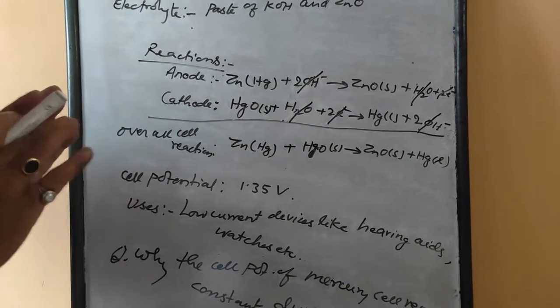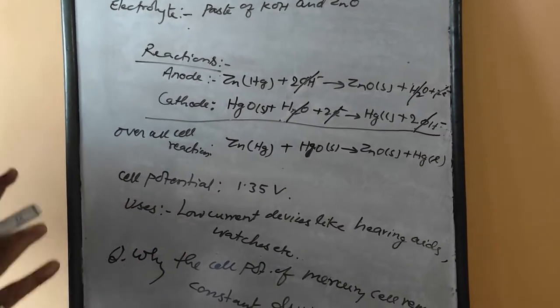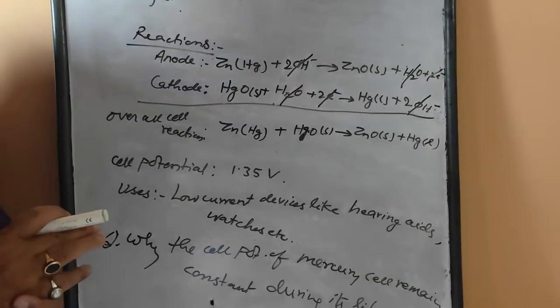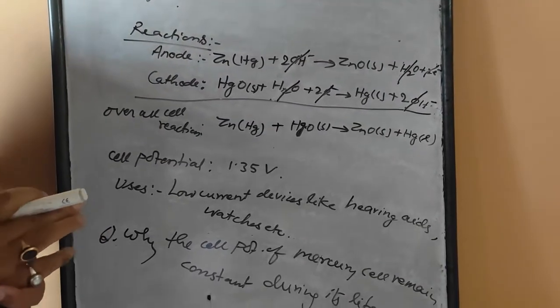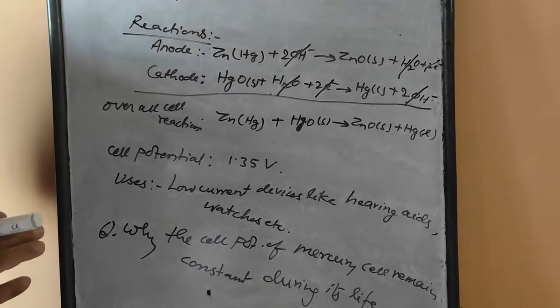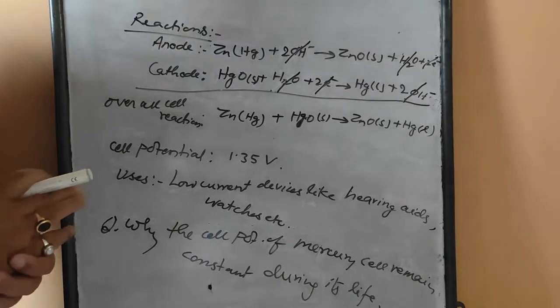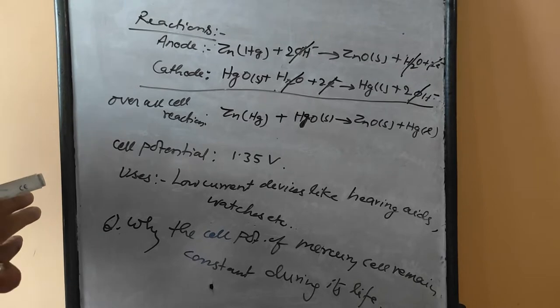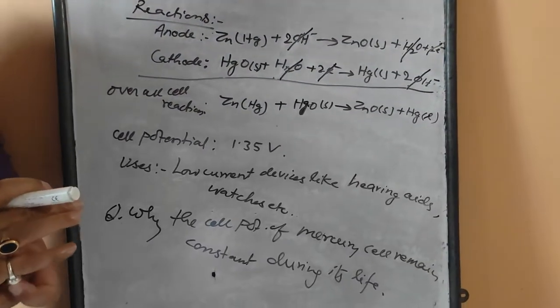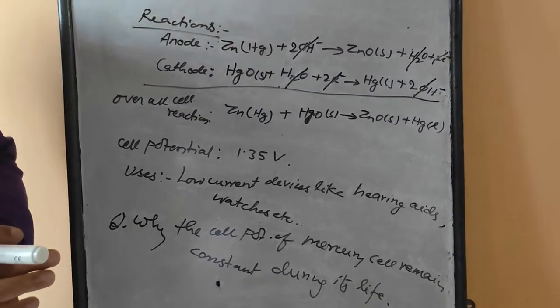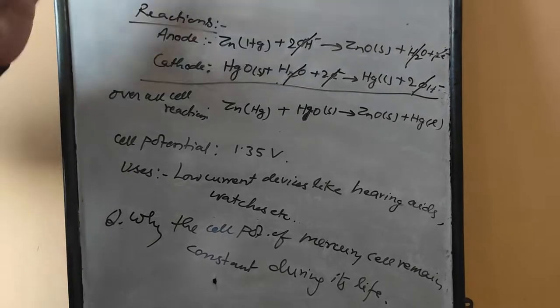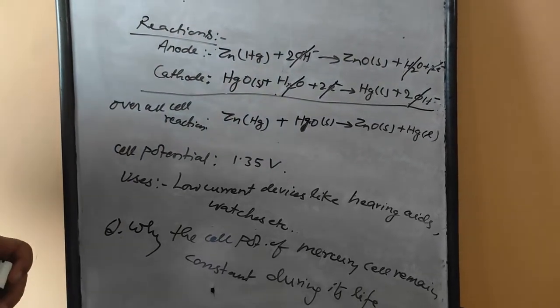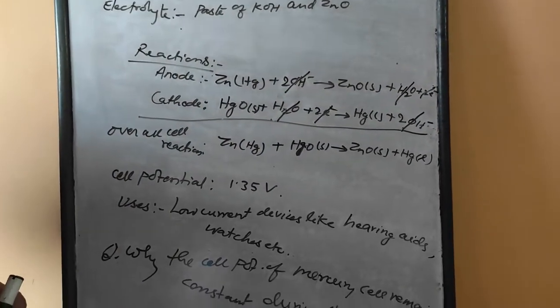The answer is there is no metal ion in the overall cell reaction of the mercury cell whose concentration can be varied. That is the reason the cell potential of the mercury cell is always constant throughout its life. It is not varying.